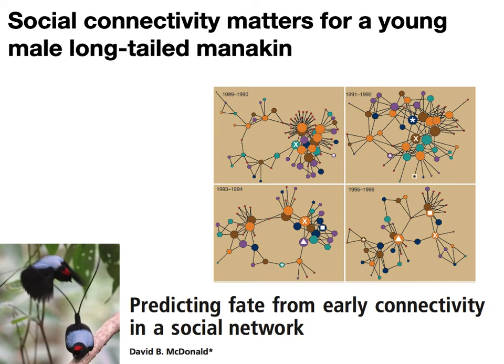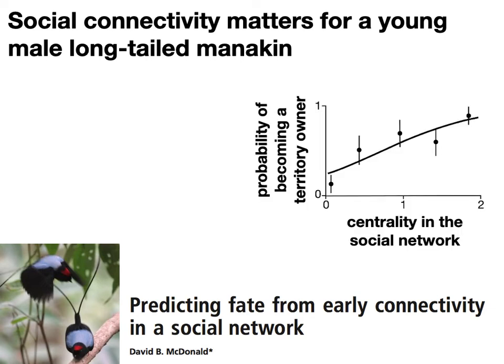And what they showed in this study was that the more central the young male was in the social network, the more likely he was to inherit a territory in any given year. So it's the most socially integrated floater males that are the ones that are most likely to get a territory. And so they appear to be queuing for social status.